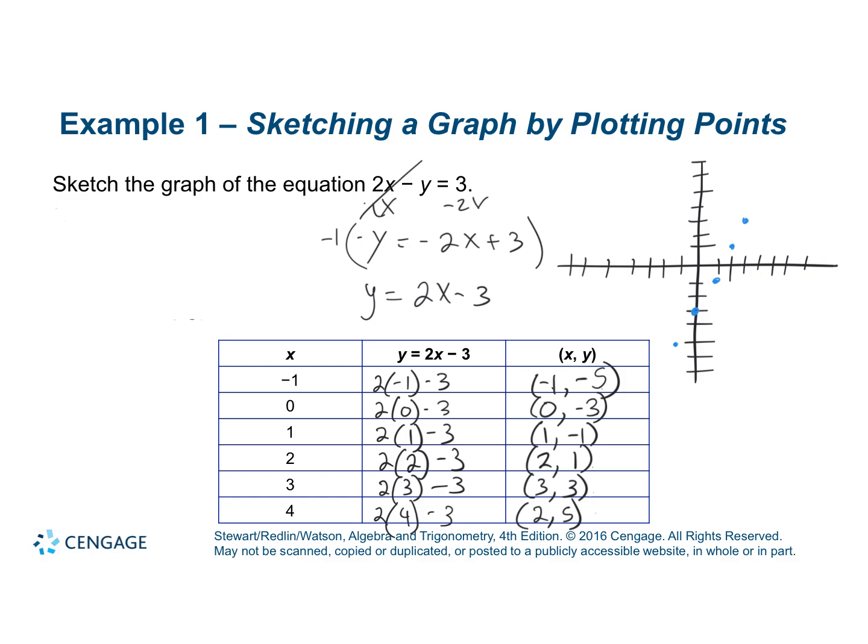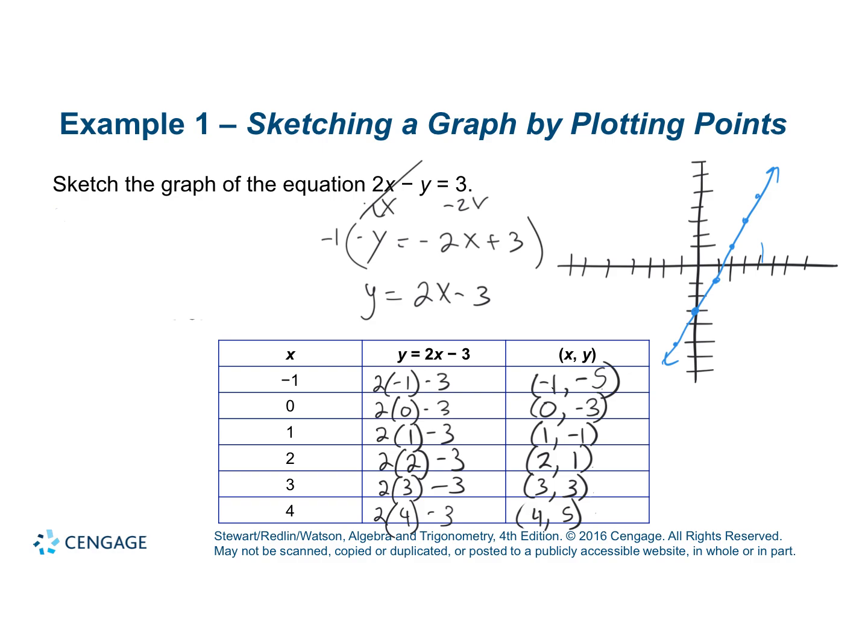Sorry, the last one should have been 4, comma, 5. I don't know why I wrote 2. Let me rewrite it, 4, comma, 5, which is up here. That gives us the line of the graph that we're graphing. That's if we do it with the points.